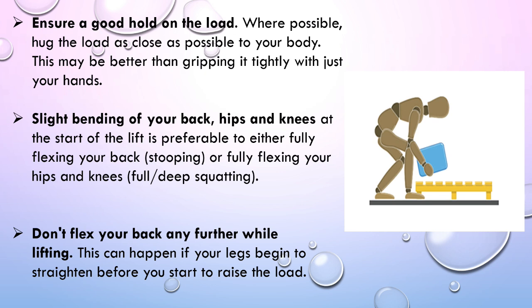Slight bending of your back, hips and knees at the start of the lift is preferable to either fully flexing your back, stooping as I said before, or fully flexing your hips and knees. Don't flex your back any further while lifting. Now this can happen if your legs begin to straighten before you start to raise the load.